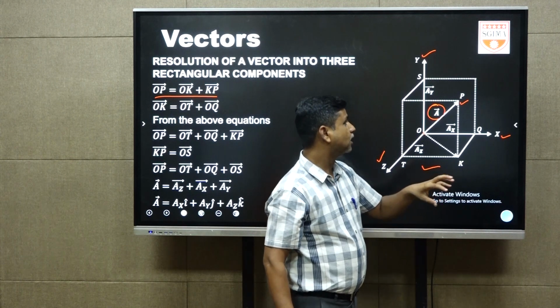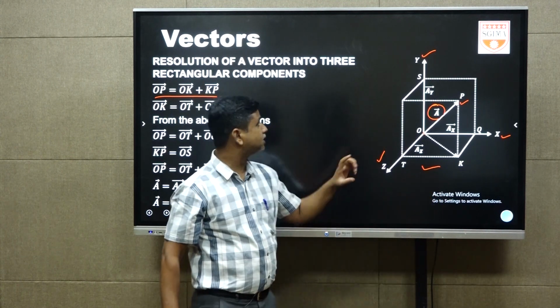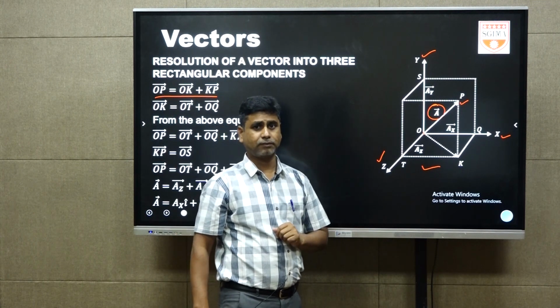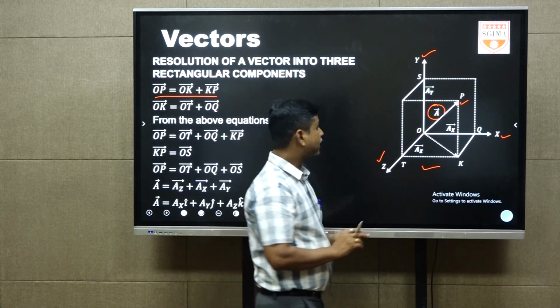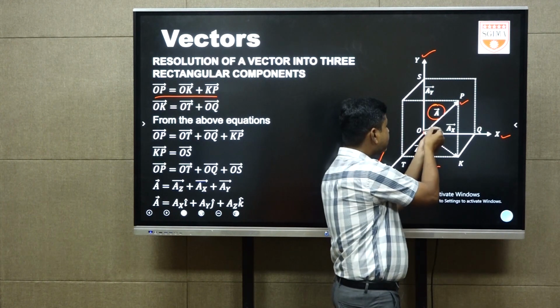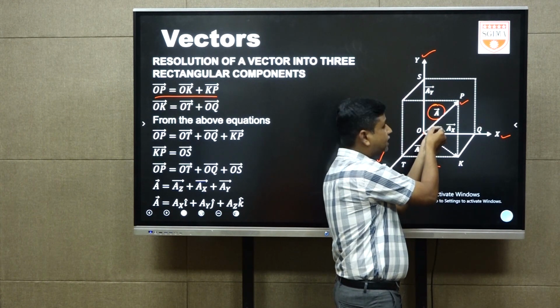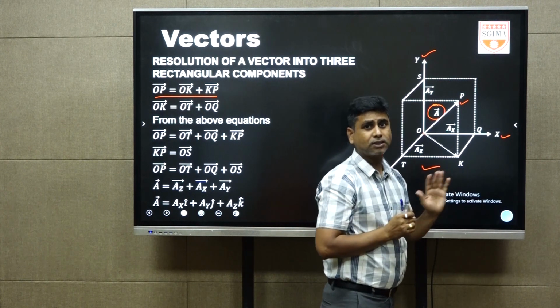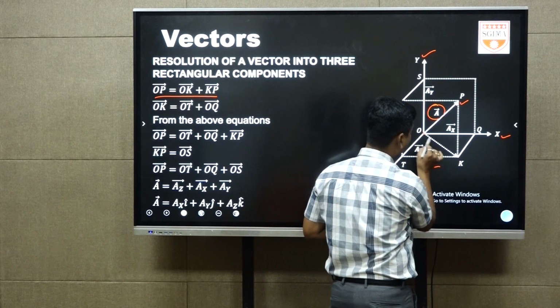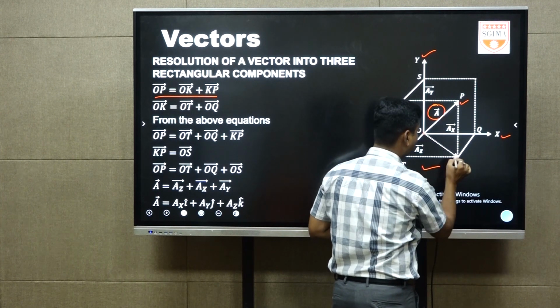For this OP, you would definitely answer that it is in the XY plane, but it is not in the XY plane, it is in space. It is making some angle with the XY plane also, so it is not in that XY plane.